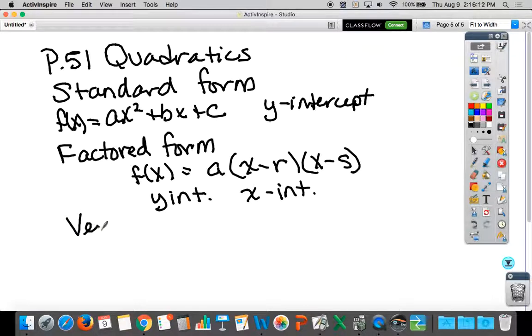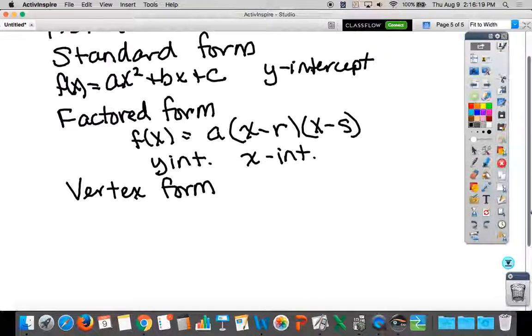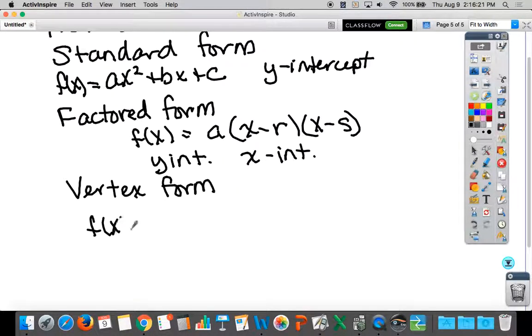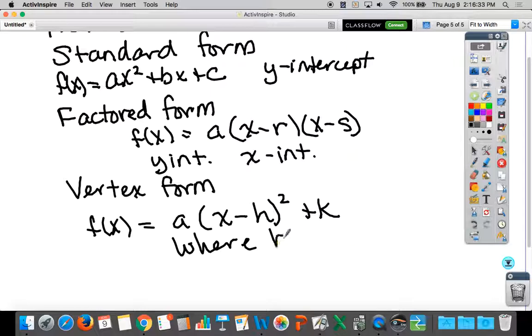Now today we're going to learn the vertex form. And this is that, where h and k is the ordered pair of the vertex.